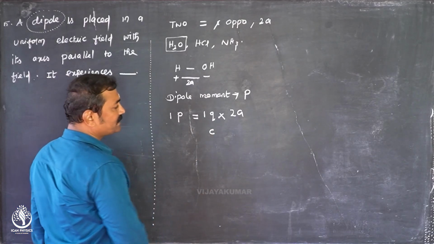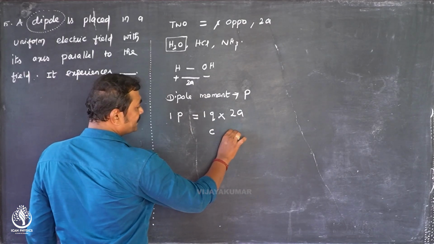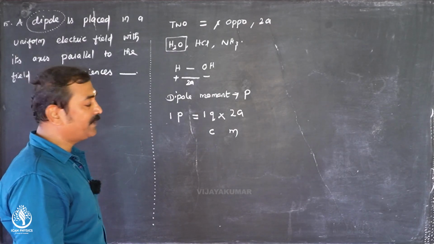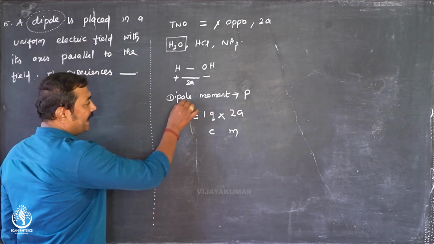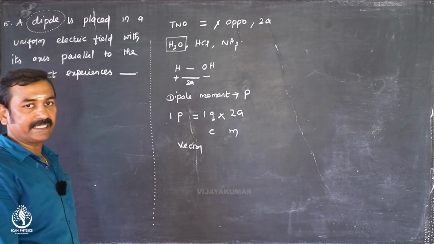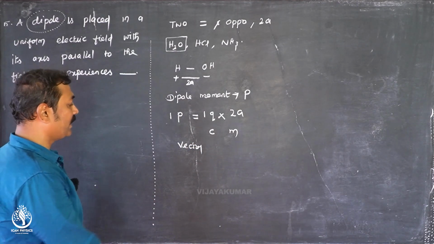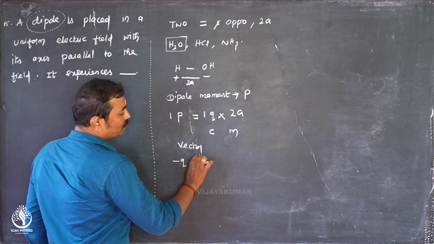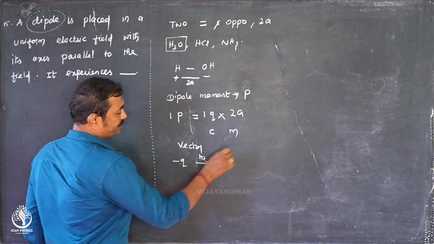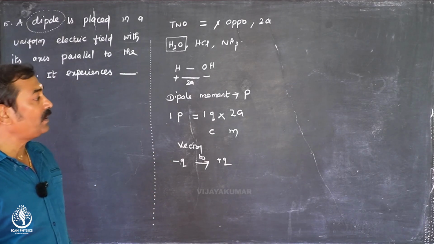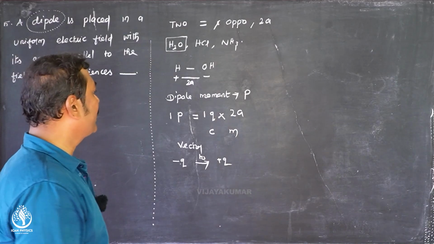The unit of charge is coulomb, the unit of distance is meter, so coulomb meter is the unit of dipole moment. The electric dipole moment is a vector quantity because it always acts from minus q to plus q.